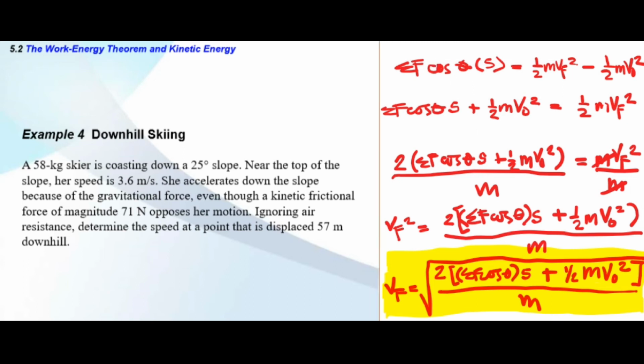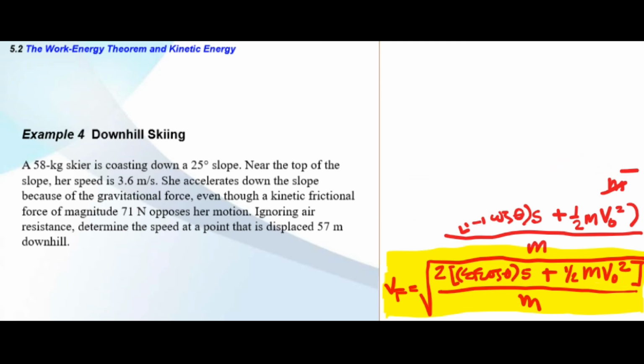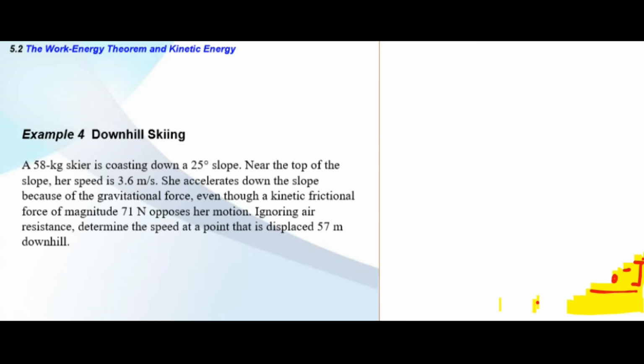So let us know the given for this problem. A skier going downhill. The givens are the mass of the skier, which is 58 kilogram.